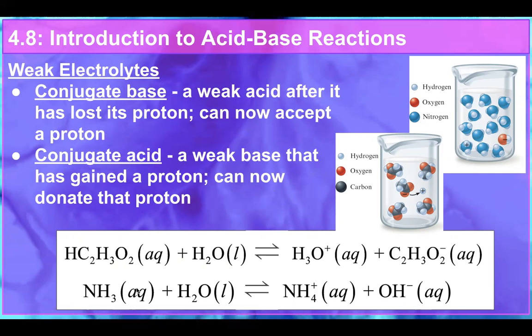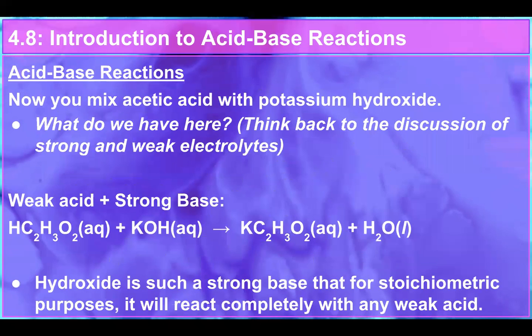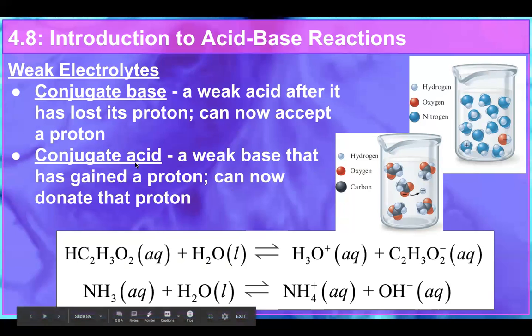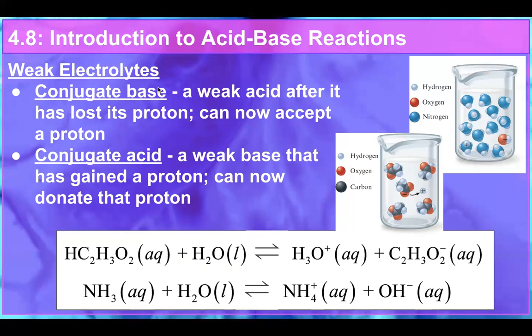So there are things called conjugate bases and conjugate acids. A conjugate base is going to be whatever the weak acid was after it loses its proton, okay? And at that point, it will then be able to accept the proton.